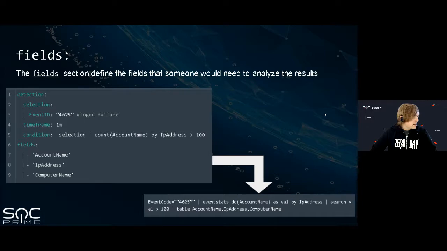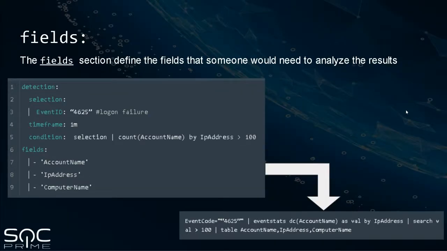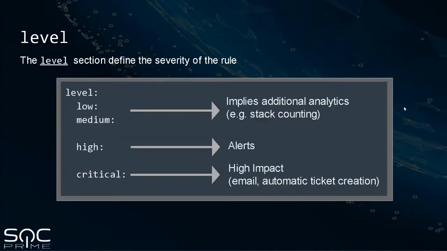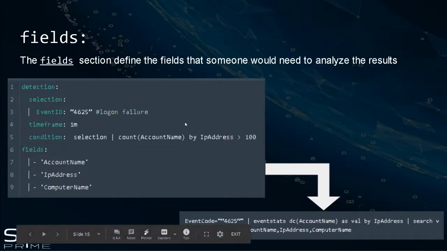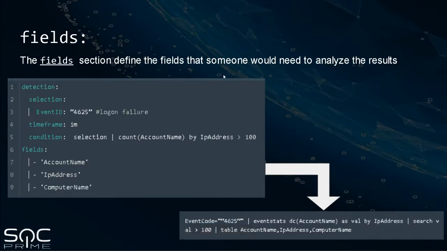And it gets converted here to this rule, and it's going to table, account name, IP address, computer name. So when Splunk displays this data, instead of the raw event, it'll display the interesting fields. So it helps analysts that way. And again, not enough people are using fields, in my opinion. So we should do that. If you write rules, include the fields.